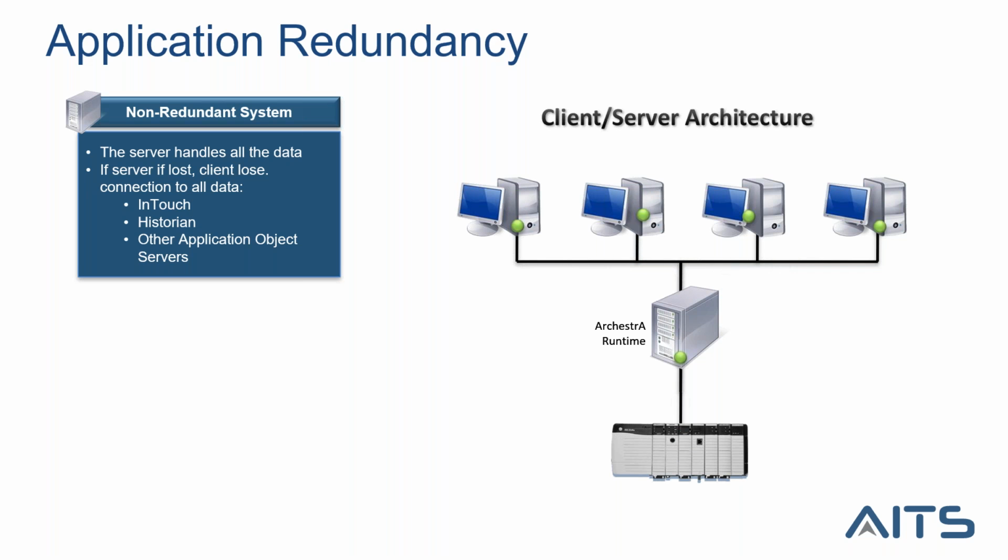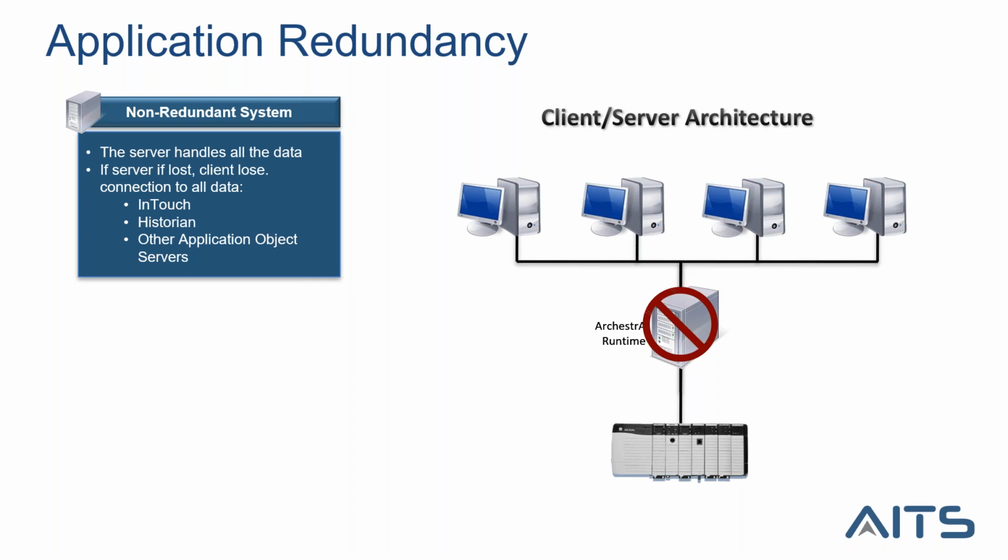Normally, without the redundancy, if I lose the application object server, I will lose the communication, the process, the connection with InTouch, with Historian, with any device or any client needed to collect data from this server. That means I'm losing the application itself.